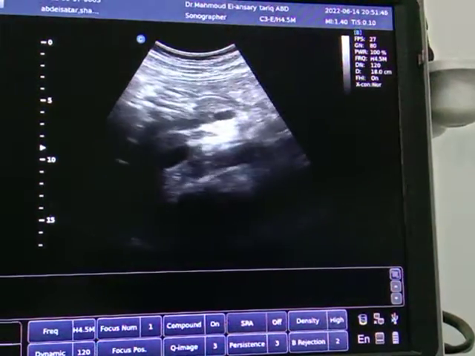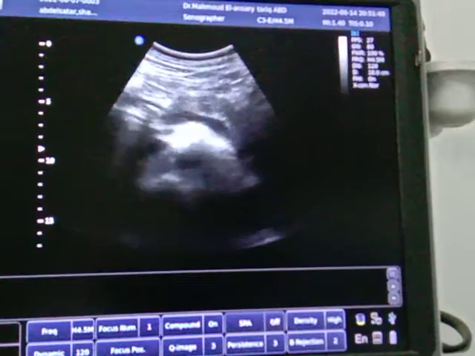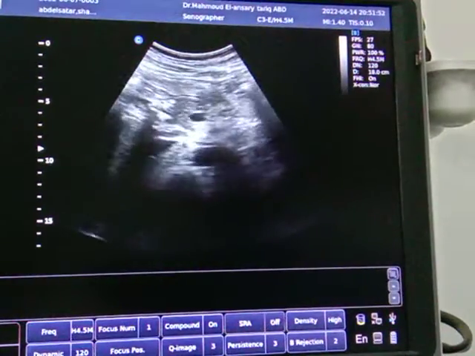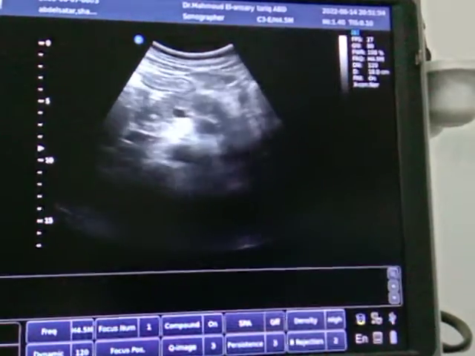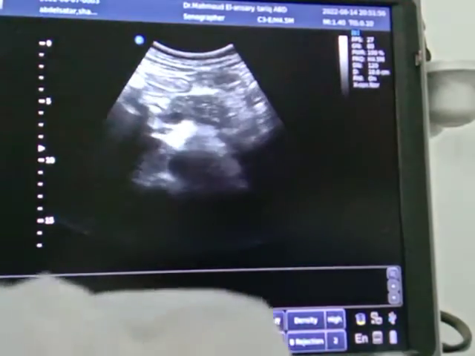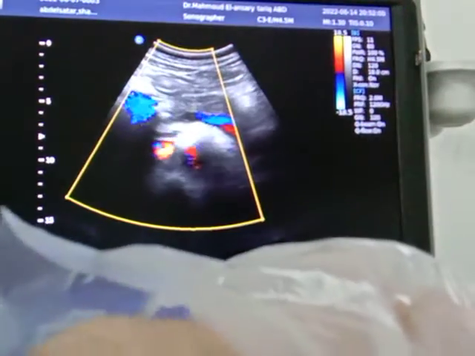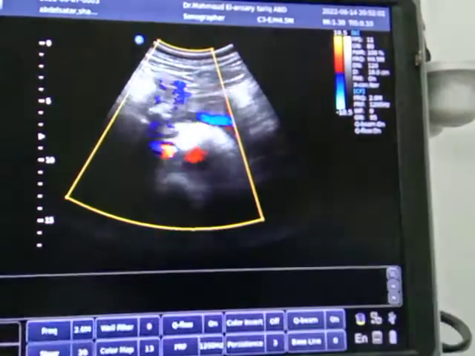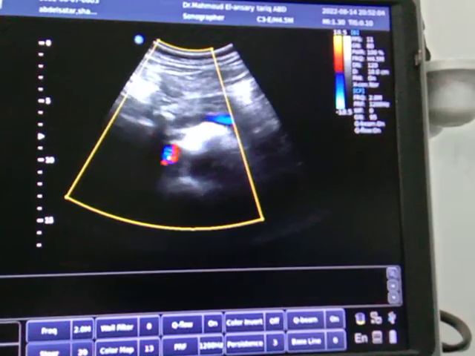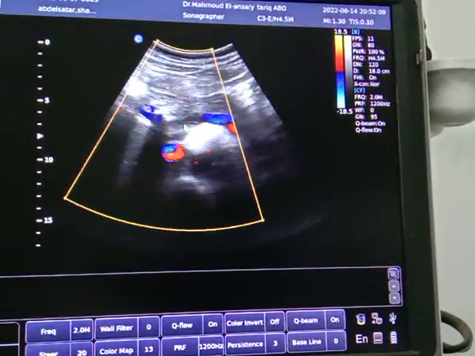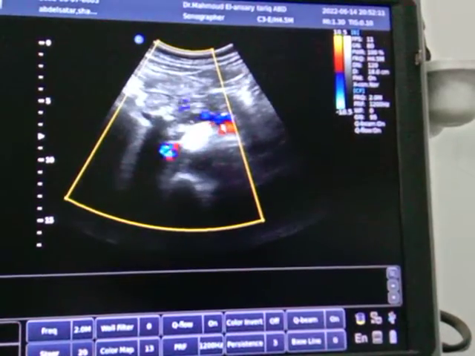What is very interesting in this patient, and why I am presenting his case, is that when I did Doppler for the portal vein and the splenic vein, strangely enough, I found that there is no flow in the confluence, as you see here. Here is the splenic vein.